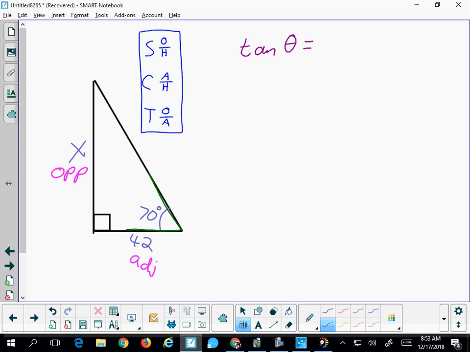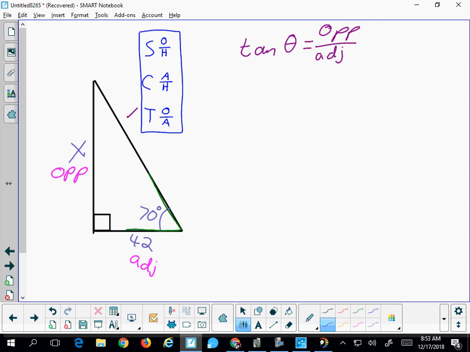And what does theta represent again? This symbol? Angle. So this represents degrees. Okay? And then we would have opposite over adjacent, since we decided to use tangent on this problem. All right?